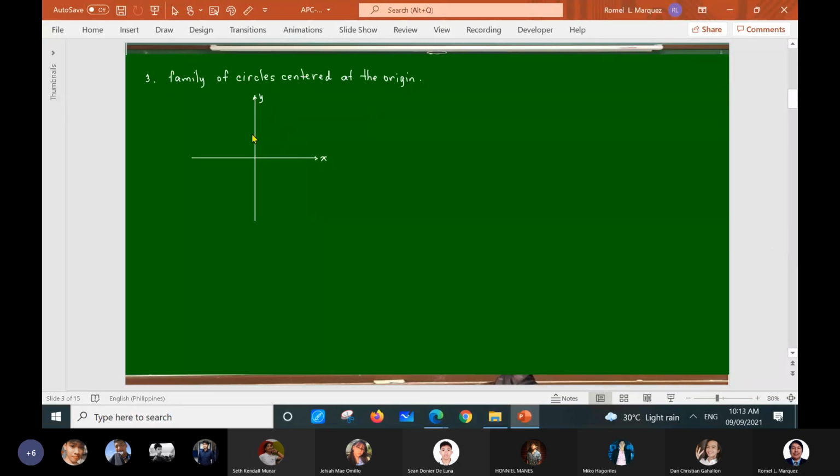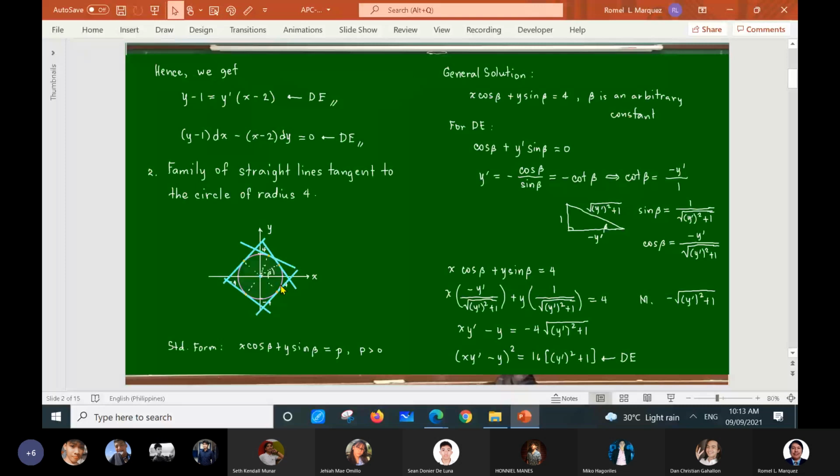It means they differ in what? They differ only in the radius, or the radii. So I will copy the circle, and we already have a circle here. Let's make it thicker.